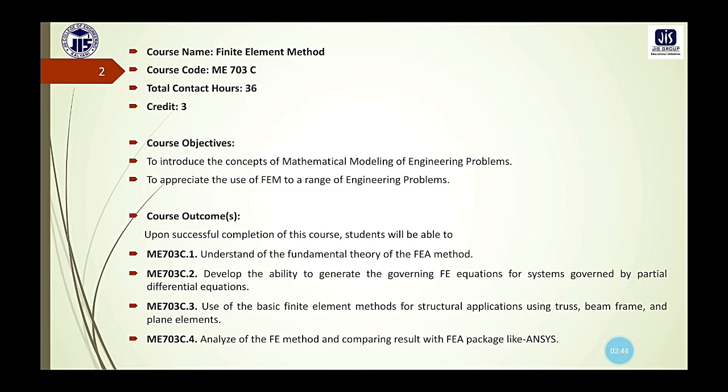The next course outcome is to develop the ability to generate the governing finite element equations for systems governed by partial differential equations. We will study the different governing equations and try to solve some partial differential equations using this method.